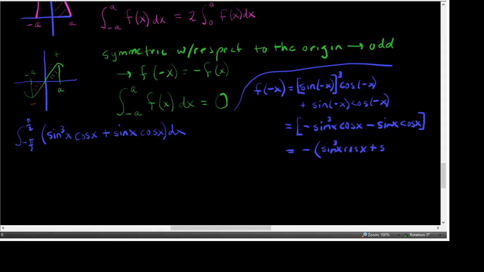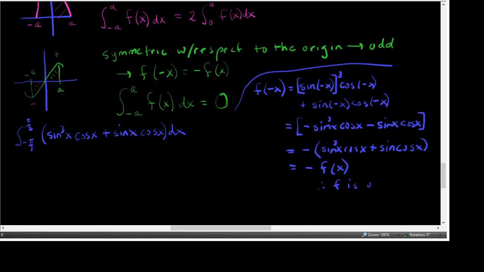Of course, negative sine of x cubed is negative times negative times negative, that negative answer we already got. Sorry, I forgot to write the cubing. And that is actually exactly the opposite of the original function, our original integrand. So that means that f is odd.